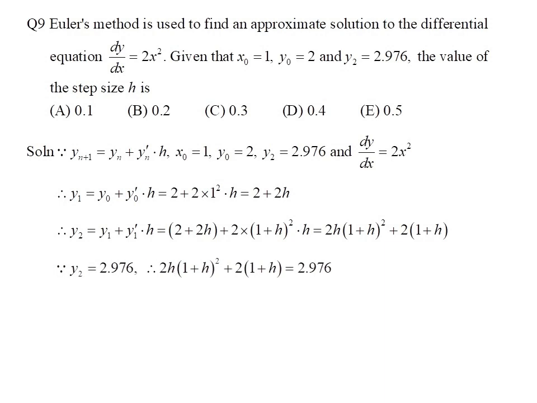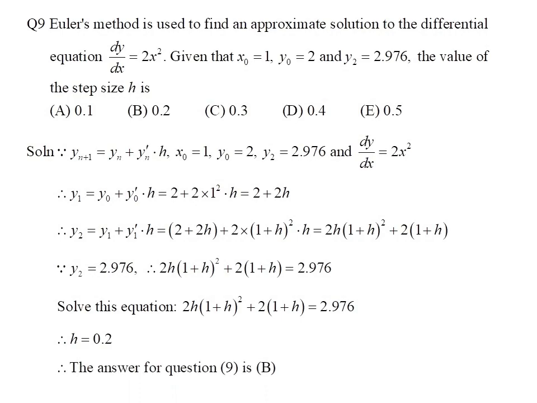Since y2 equals 2.976, it follows that 2h times (1 plus h) squared plus 2 times (1 plus h) equals 2.976. Hence, using a CAS graphic calculator to solve this equation, we find that h equals 0.2. Therefore, the answer for question 9 is B.